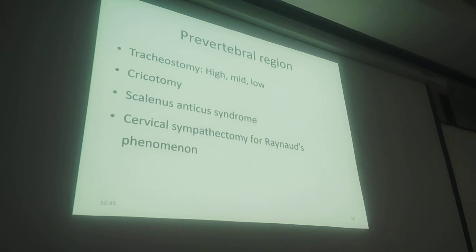So you get stenosis, constriction, miosis, anhidrosis, lack of sweating, enophthalmos, sunken eyeball and all those. So you have to make sure that you spare the T1 ganglia and cut the sympathetic chain below T1. Otherwise you will have Horner syndrome.